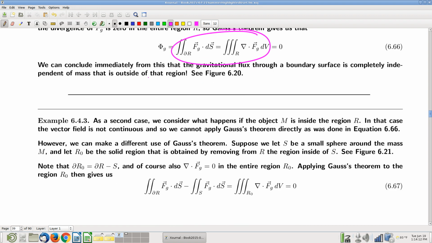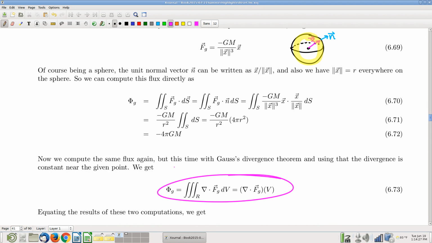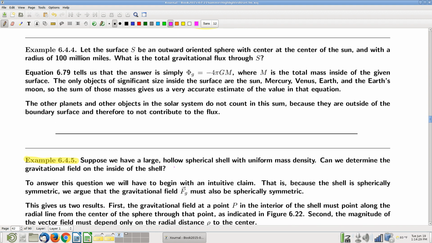The fact that only the total mass and not the arrangement of mass affects flux is a consequence of Gauss's divergence theorem. So none of these arguments are possible without it. I hope you all will enjoy those exercises.